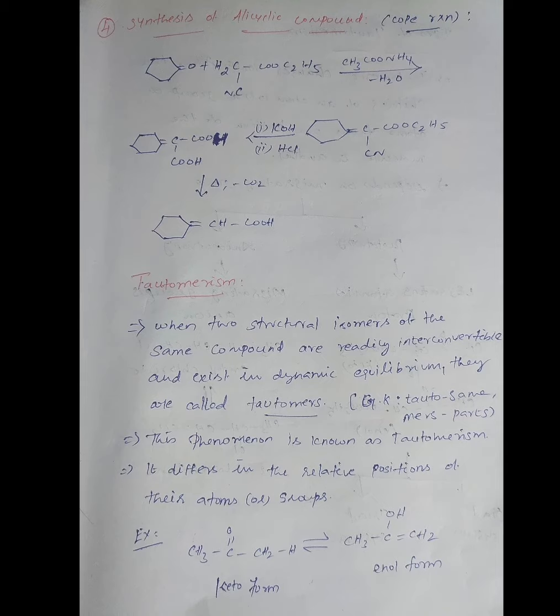Dynamic equilibrium means the reactant converts to product and the product converts back to reactant. This is a reversible process. Both processes occur in the reaction: the keto form converts to the enol form, and at the same time the enol changes to the keto form. This is the dynamic equilibrium. In tautomerism, just an atom or group changes from one position to another, from one atom to another atom. This is tautomerism.